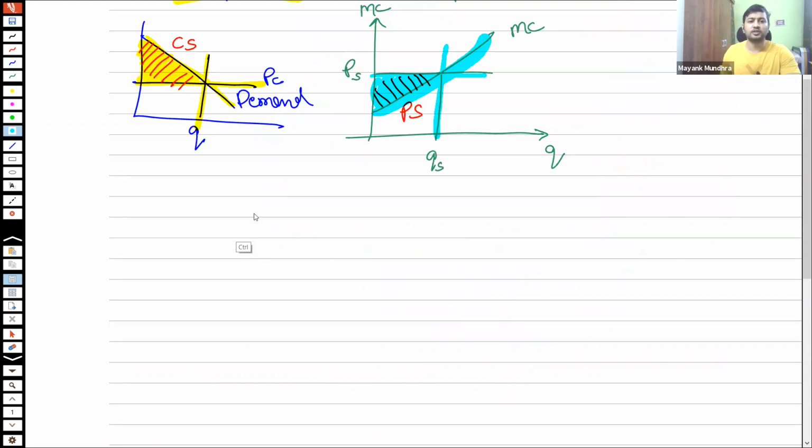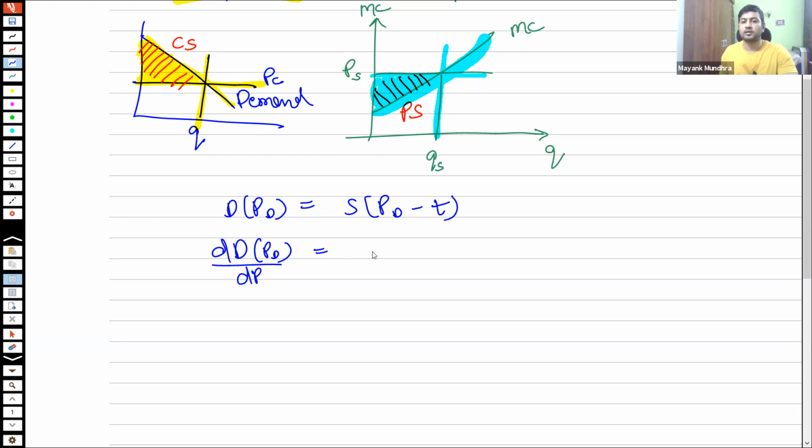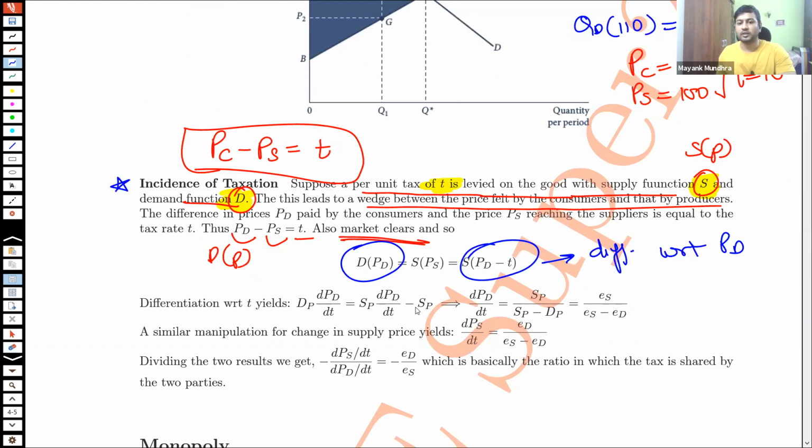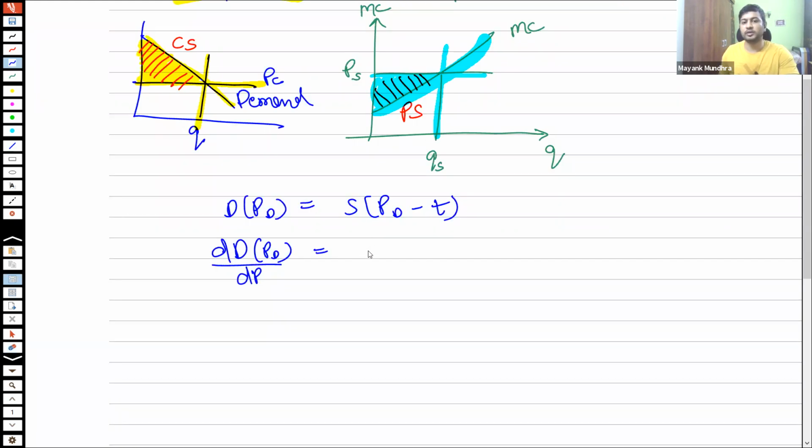When I differentiate with respect to PD, I'm going to use the chain rule here. Demand at PD is equal to supply at PD minus T. So differentiating with respect to PD gives me dD by dPD, and on the other side, this is supply as a function of PD minus T, so this is going to be dS by dPD into d of PD minus T by dPD.